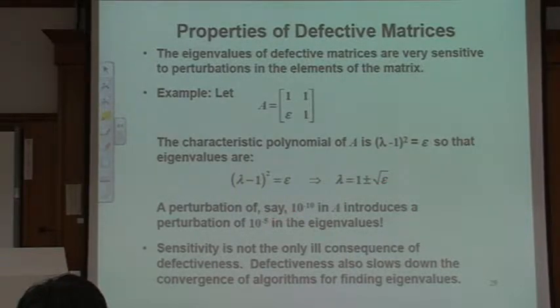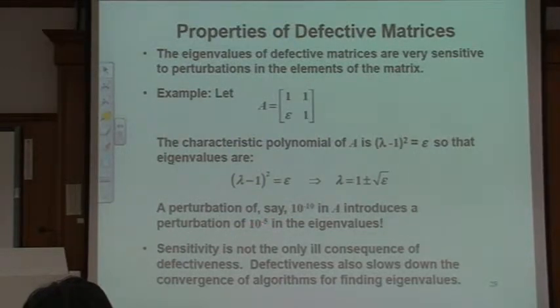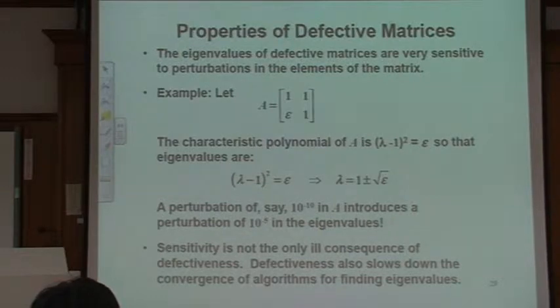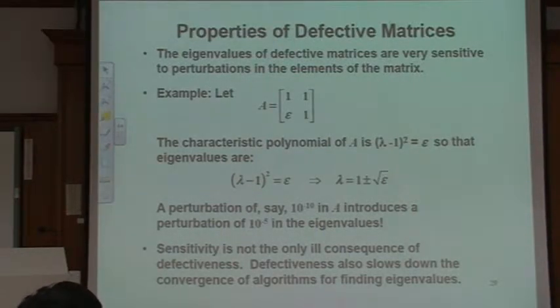You see? 10 to the minus 10 is a very, very small number, but the perturbation is actually not small. If you compare, it is very large. This just tells you that the eigenvalue is highly sensitive.